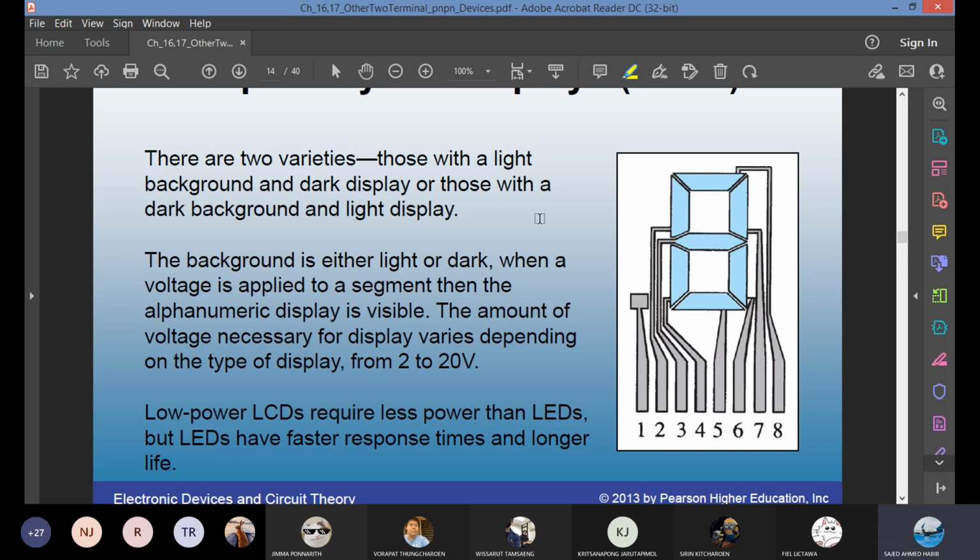What about LED? Any guess how fast LED is turning on and off? Faster than LCD. How much? LCD is 100 to 300 milliseconds. LED, how much? It can be less than 100 nanoseconds.